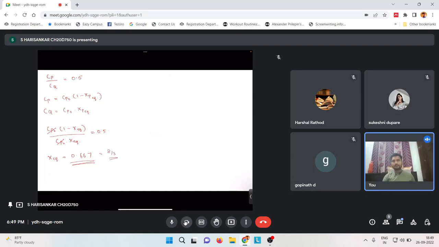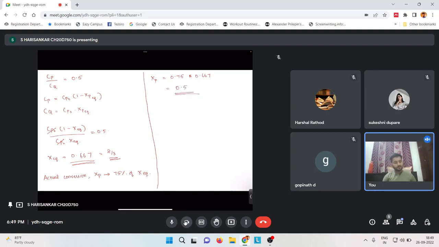So this will be X equilibrium, and the actual conversion, they have said, is 75% of X equilibrium. So that means actual conversion Xp is equal to 0.75 into 0.667, and that will be approximately 0.5.